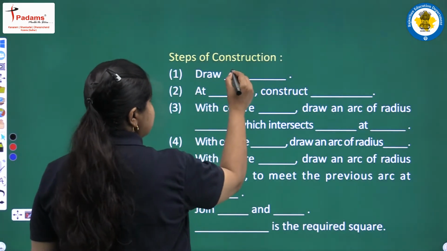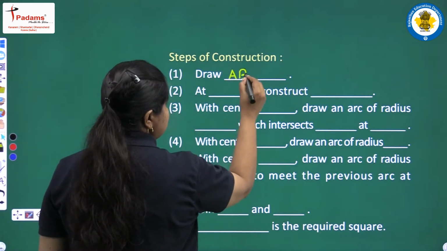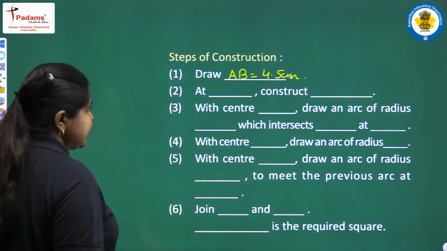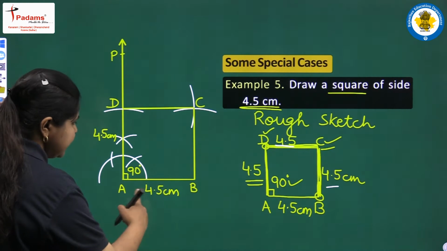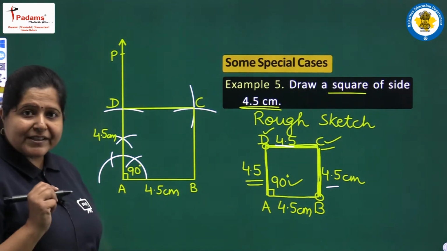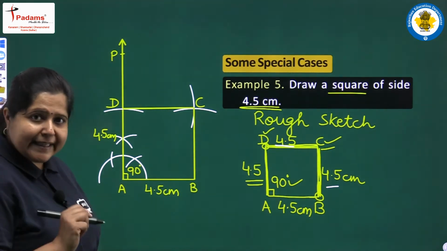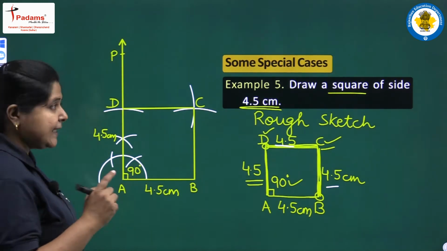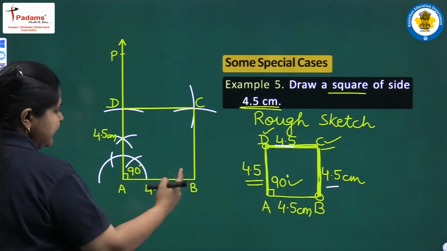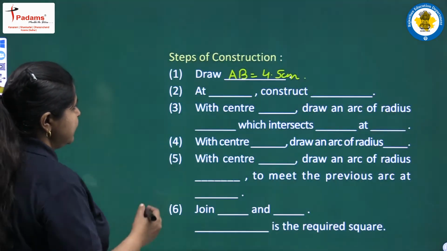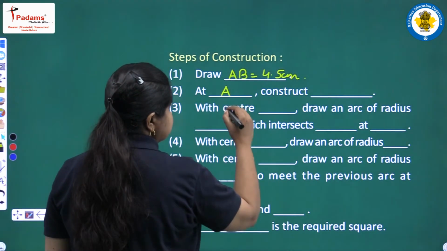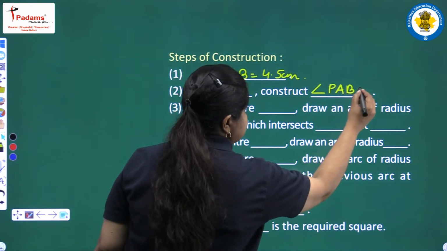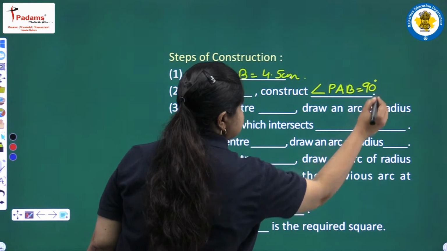First of all, draw AB equal to 4.5 centimeter. Then at A construct an angle of 90 degrees and give it the name angle PAB. So we write here: at A construct angle PAB equal to 90 degrees.